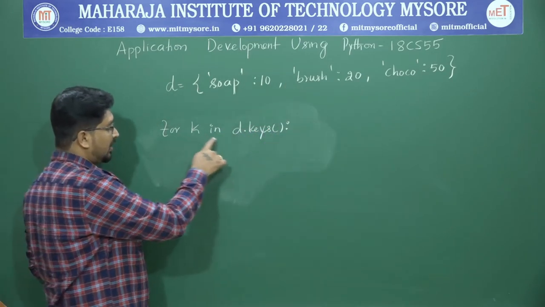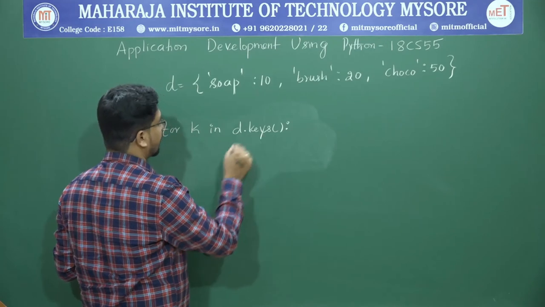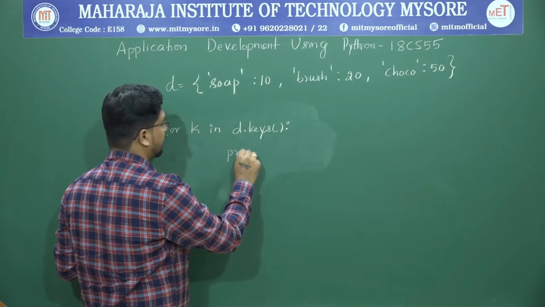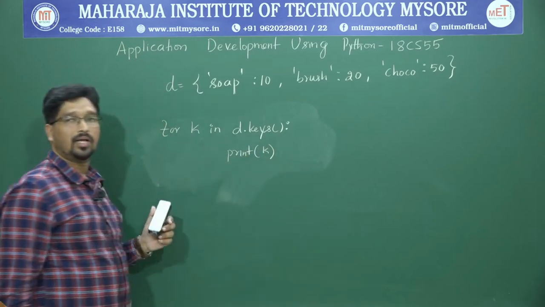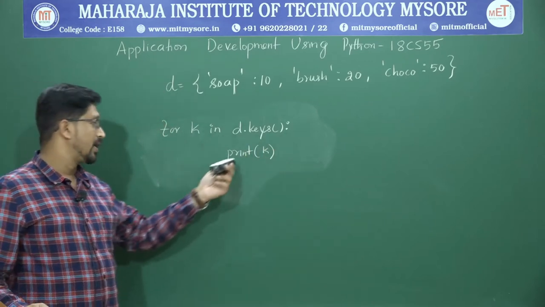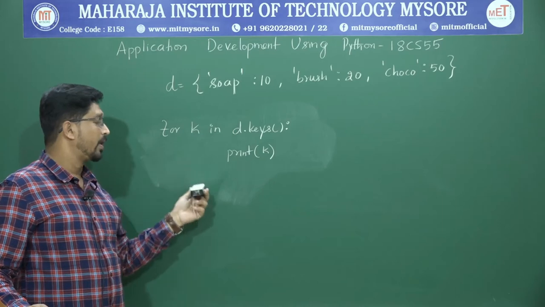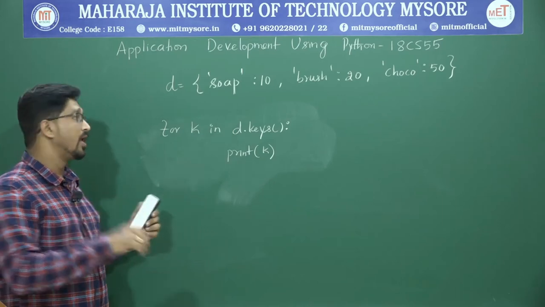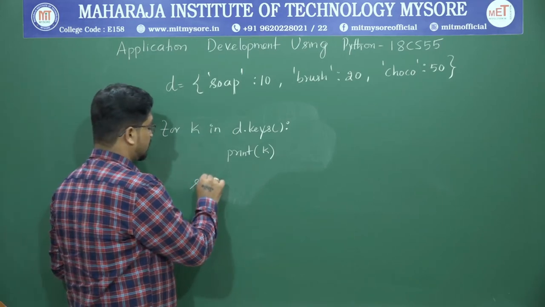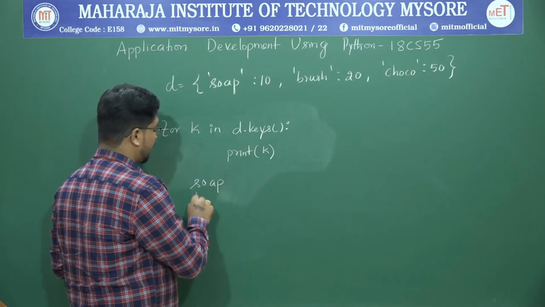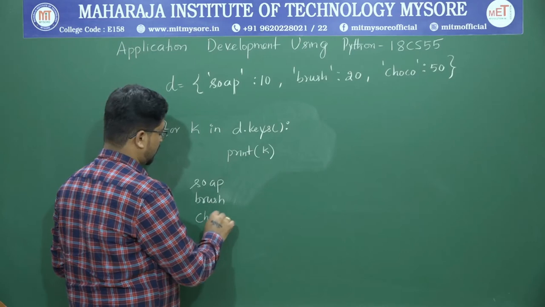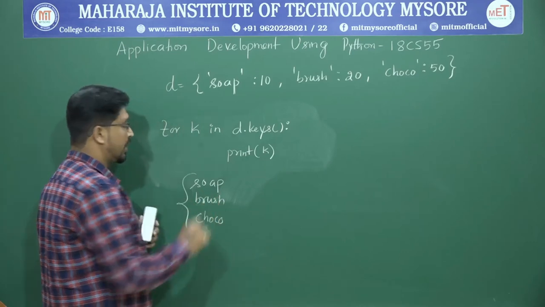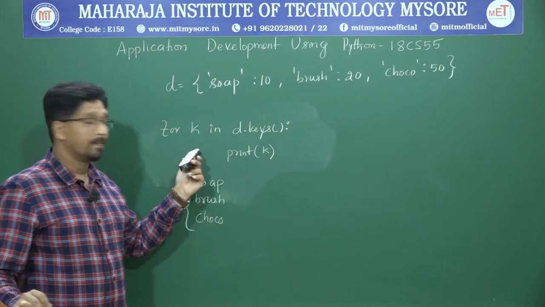So for k in d.keys(), print of k. Then you will get the output soap, brush, choco, one after the other. First you will get soap, then brush, then choco. These are the three outputs you get from this code.